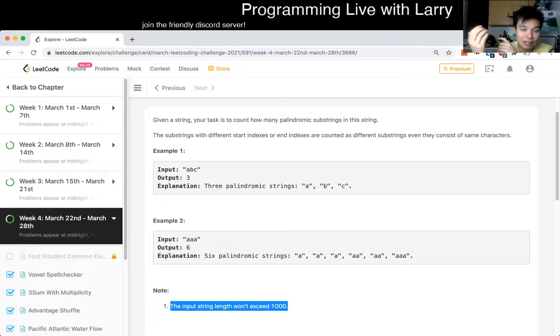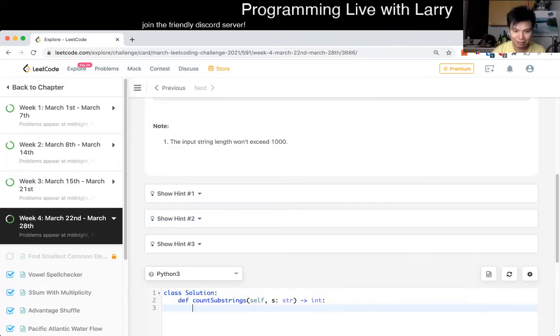But I also want to point out there is an O of n algorithm called Manacher's algorithm or something. I don't know if I've only read that word, so I don't know that I said it out loud. I think that works.